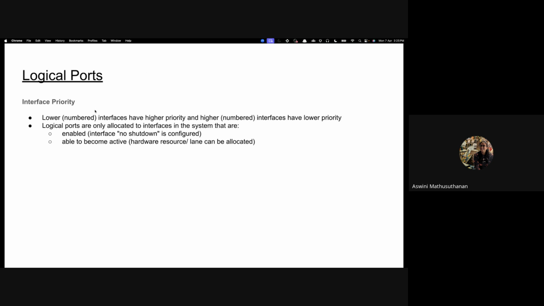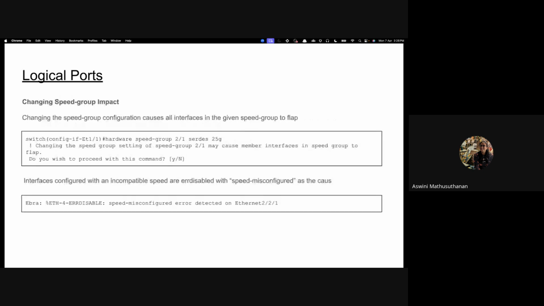In order to stop that, we will need to configure the interface defaults configuration, and they will only become active when the hardware resources are requested and when we enable it explicitly. So when they come up, they are not going to request the hardware resource, and they will stay inactive until we configure them to become active.